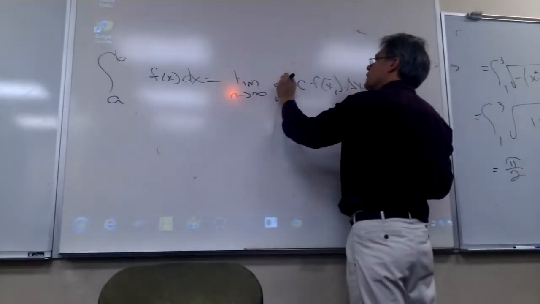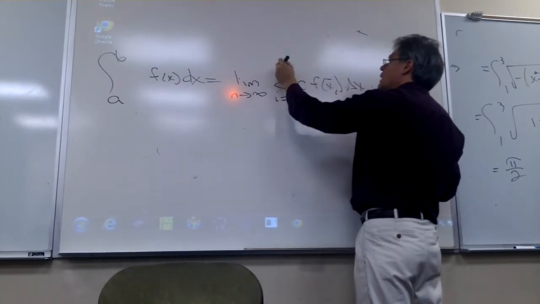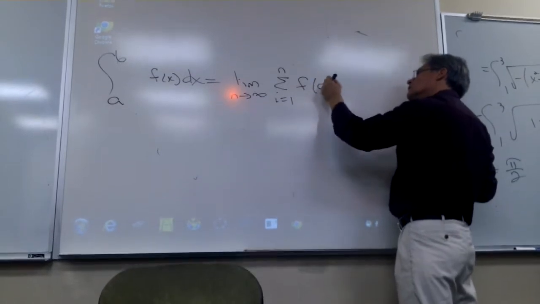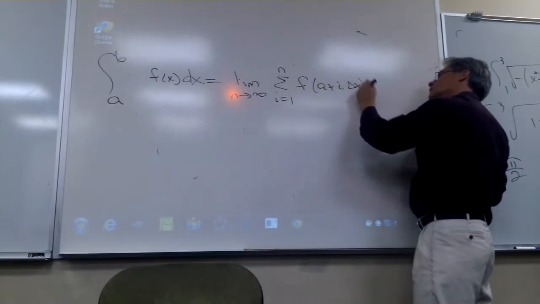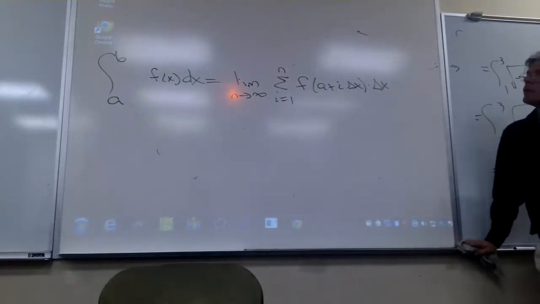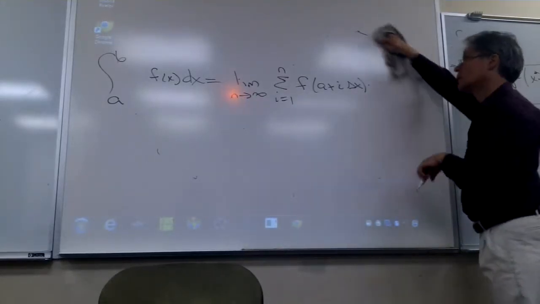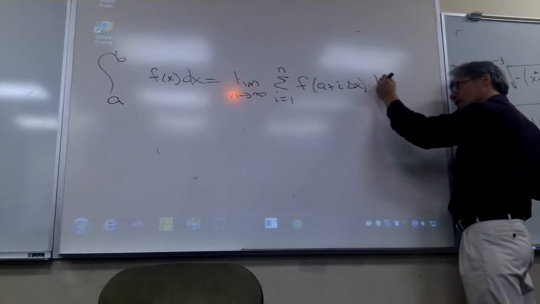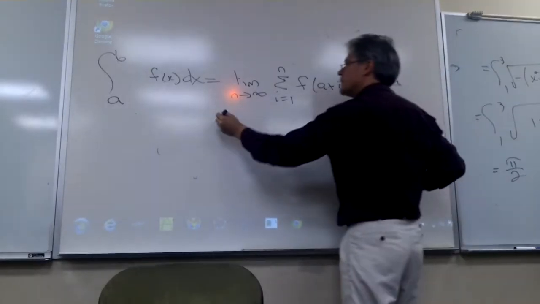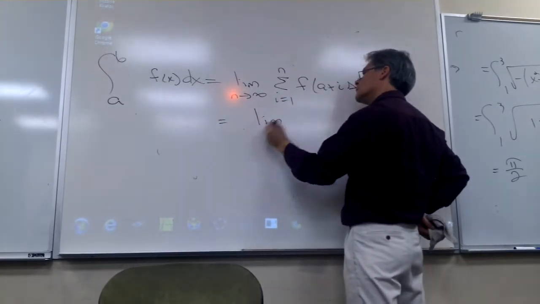If this were a regular partition, and I choose the right endpoint rule, wouldn't I get this, where delta x is just (b minus a) over n? And so I think that's the same as this.